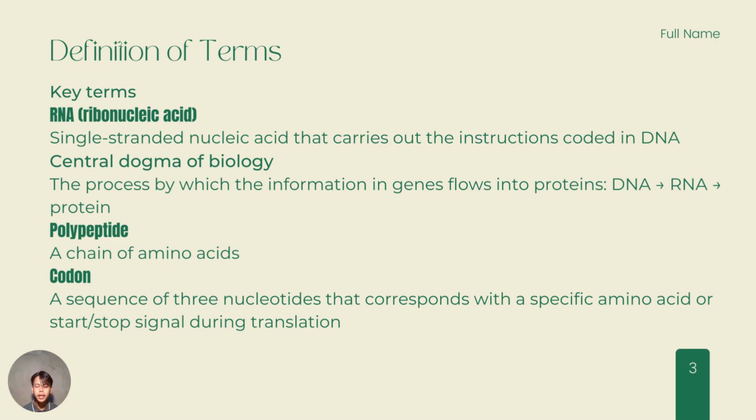Polypeptide, when we say polypeptide, it is a chain of amino acids. We have also here codon. The term codon means a sequence of three nucleotides that corresponds with a specific amino acid or start/stop signal during translation.